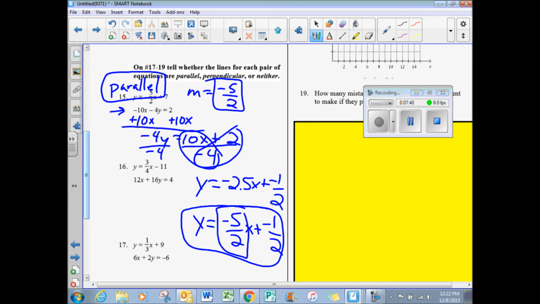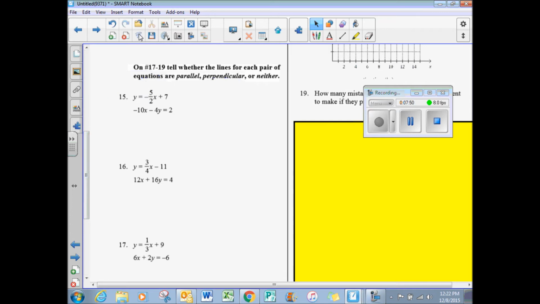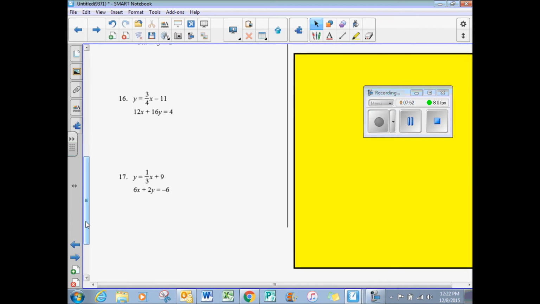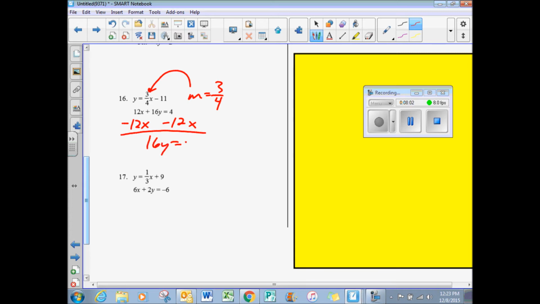Okay, so 16, if we get y alone, this one they gave it to us. Nice. I only have to get y alone for the second one. I can subtract 12x and get 16y equals negative 12x plus 4. I do the negative 12x first, so it's already in slope-intercept form. And then I can divide by 16.